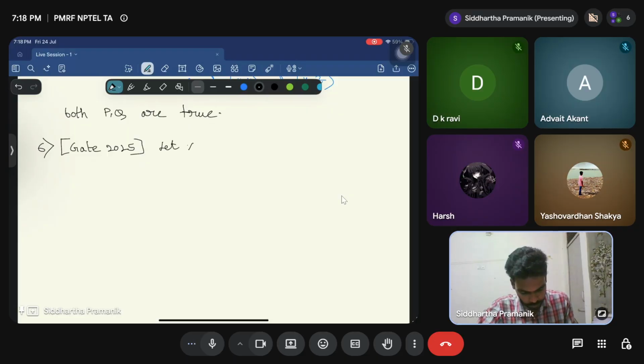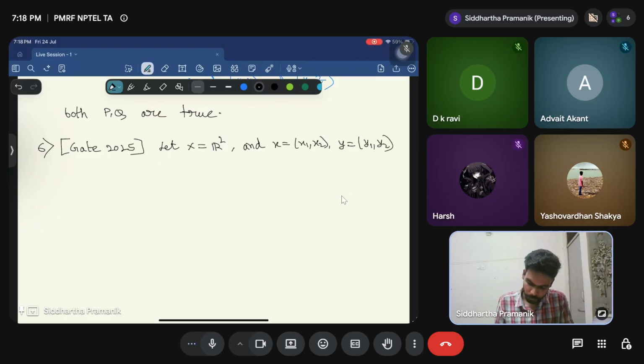So let X equal the set of all ordered pairs of real numbers, and X is the point written as x1 comma x2, Y is written as y1 comma y2. Let's define two metrics on R2.